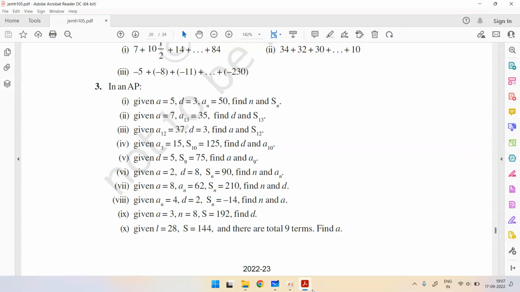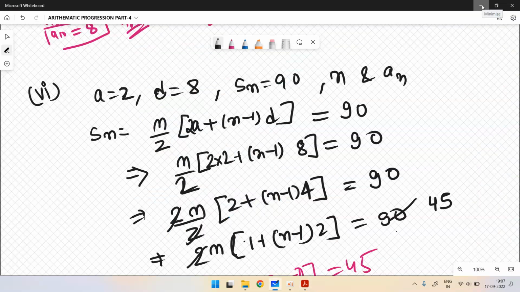S of n is S 90, S of n is n by 2 into 2a plus n minus 1 into d. 2 and 2 get cancelled, 2 from the 8, and this 2 again I take common. So this is 1 plus 2n minus 2 minus 1.